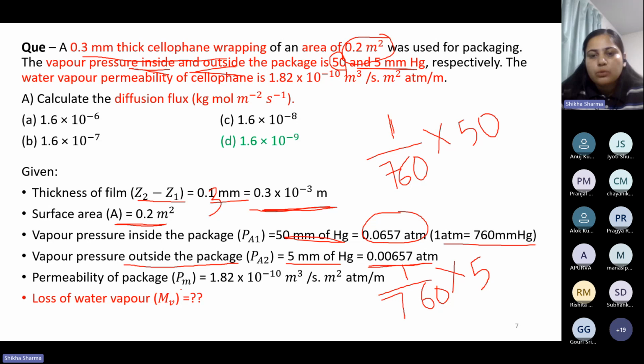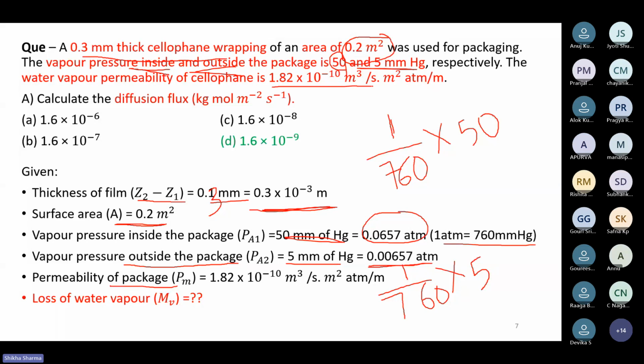Then the permeability of the packaging is given in the question as 1.82 into 10 to the power minus 10. Then the loss of water vapor and diffusion flux we need to calculate.